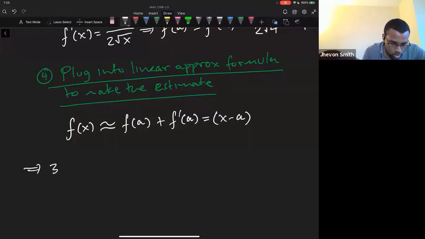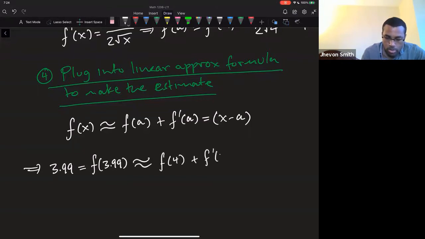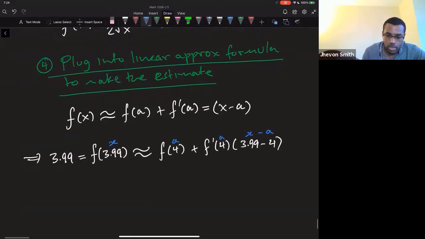This means that f of 3.99 is going to be approximately equal to f of 4 plus f prime of 4 times 3.99 minus 4. So this here is my a, this is my x minus a. This is the x. I care about f of x.